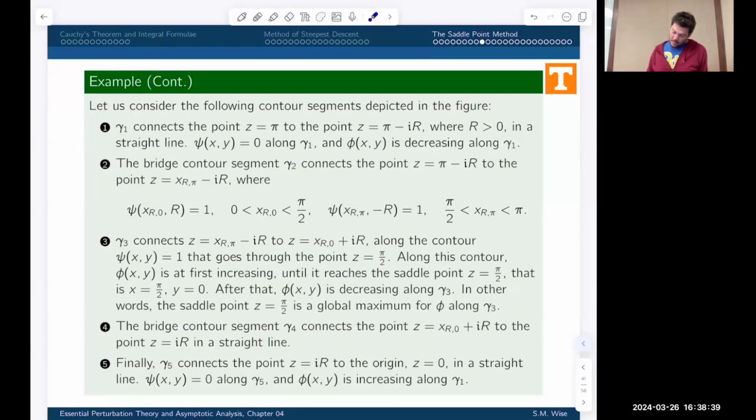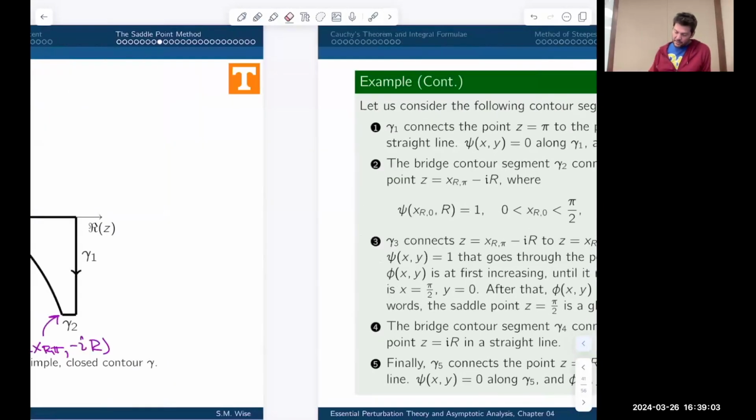So phi is at first increasing until it reaches the saddle point at z equals pi over 2. And after that, phi is decreasing along gamma 3. And I think it decreases to minus infinity, if I'm not mistaken. So it increases up from minus infinity and goes back down to minus infinity.